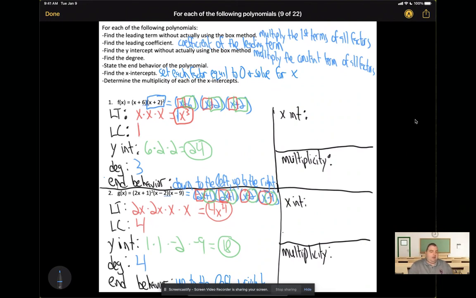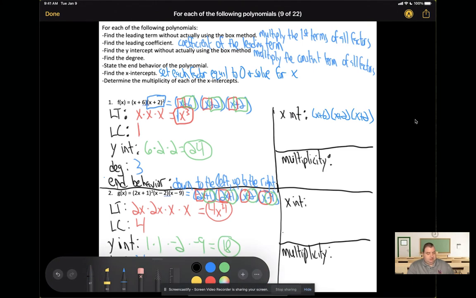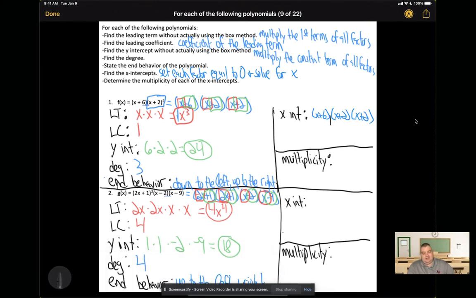So in number 1, my factors are x plus 6, x plus 2, and x plus 2. All right, so if I set those equal to 0, we can use that switching signs trick that I've talked about before. If I set x plus 6 equal to 0, then that means x is going to be equal to negative 6. I'll have to subtract 6 from both sides, and I'll end up with 0 minus 6.